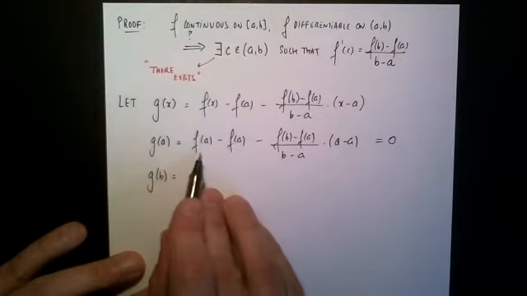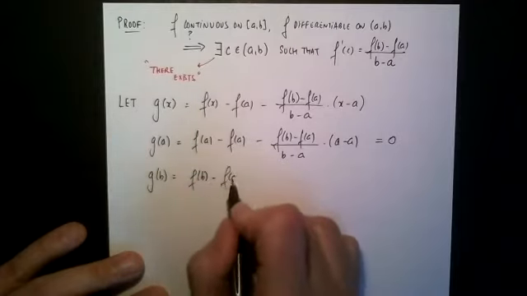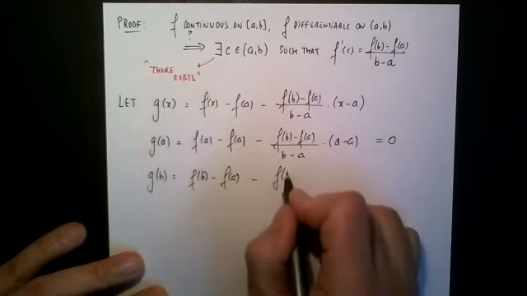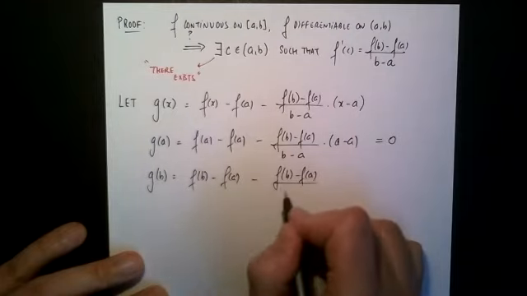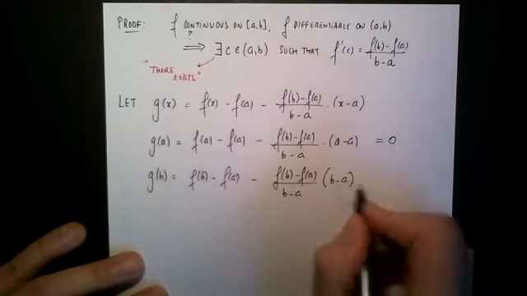Then g of b is what? g of b is f of b minus f of a minus (f of b minus f of a) over (b minus a) times (b minus a).